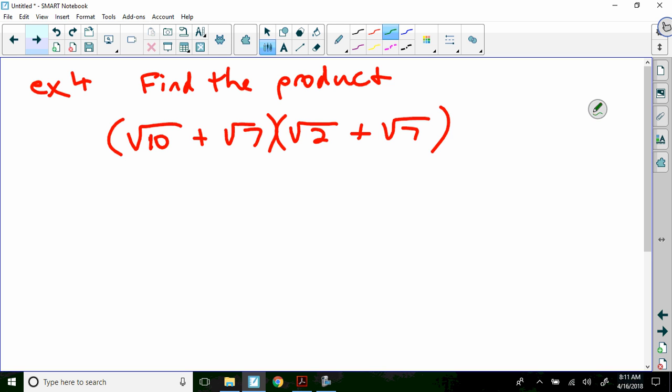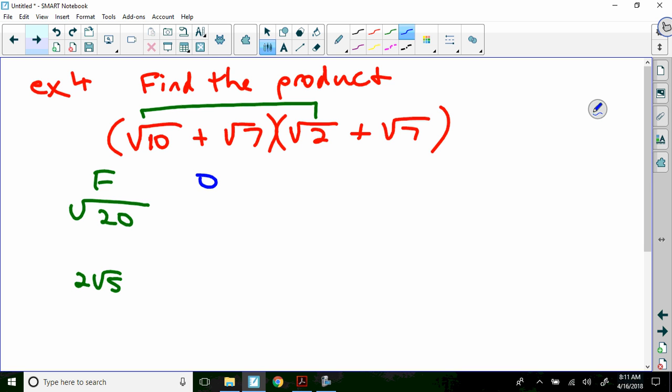So when we use the FOIL method, our first product is going to be rad 20, or 5 rad, or is it 5 times 4 or 2 rad 5? So let's not get too far ahead of ourselves. It'll be rad 20. So that's going to be what, 2 rad 5 then? Cool. Good. So that takes care of the F part of foiling, the product of the first terms.